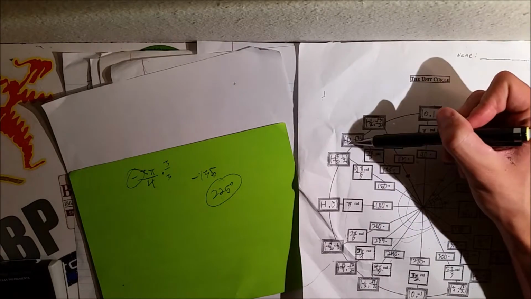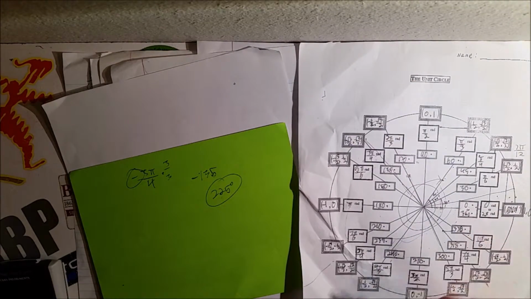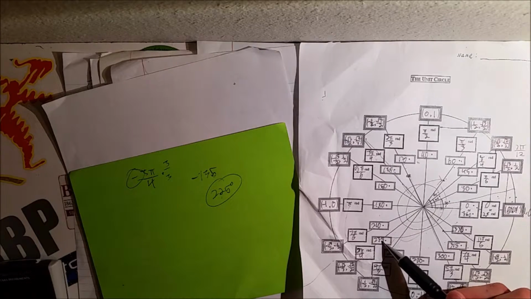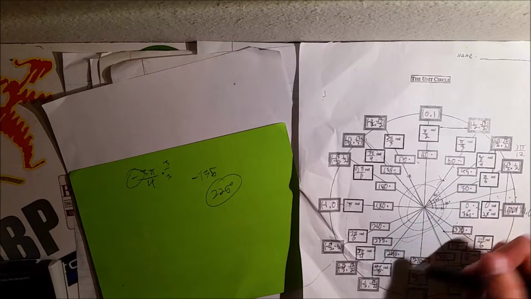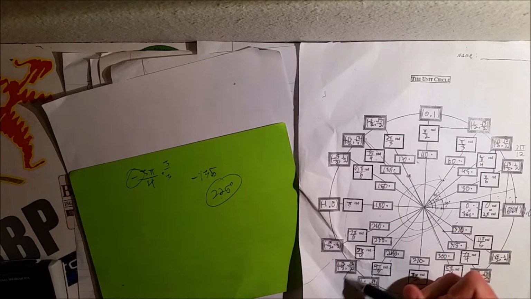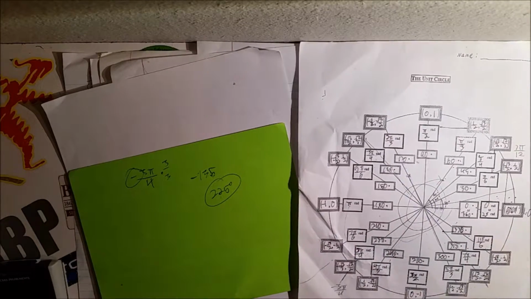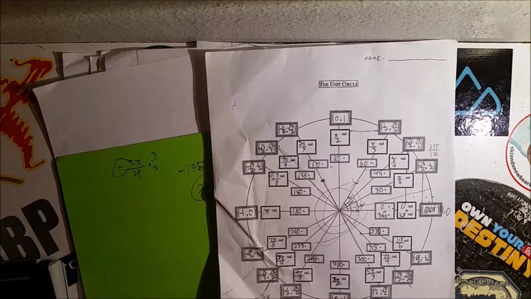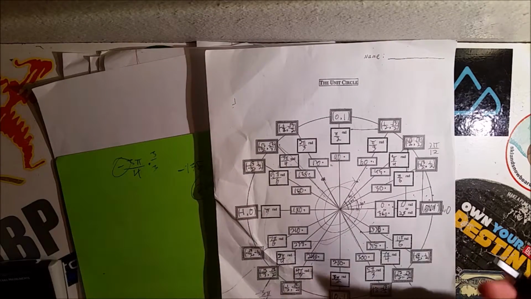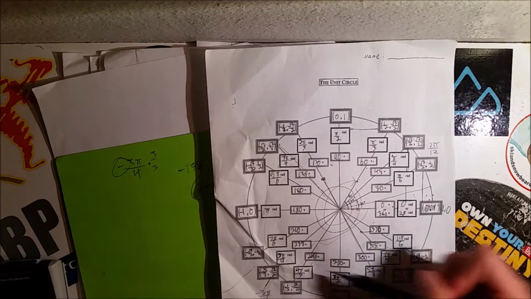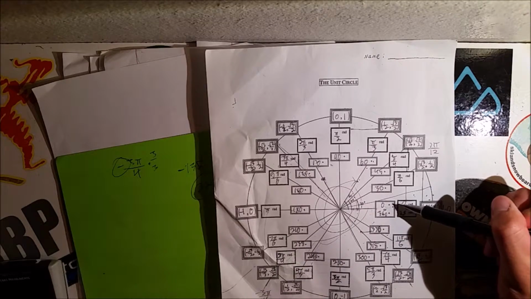That is negative 3 pi over 4. So that's what you end up with. And now that you know what your angle is, I believe that would be negative 135 degrees.